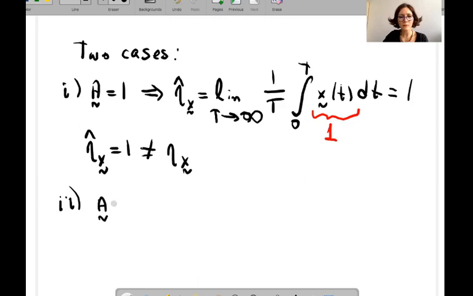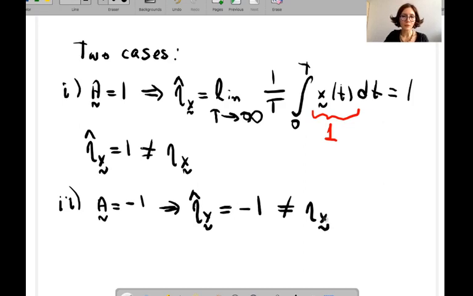The second case is where a is equal to -1. If you just evaluate the same integrals, you will have -1 here instead of 1. So you will have a similar integral, and the time average estimate of your random process will come out as -1. And this is not equal to the mean value of the random process.